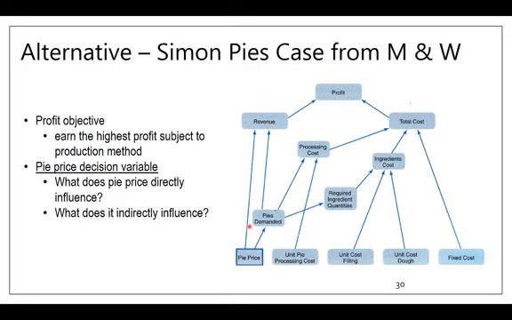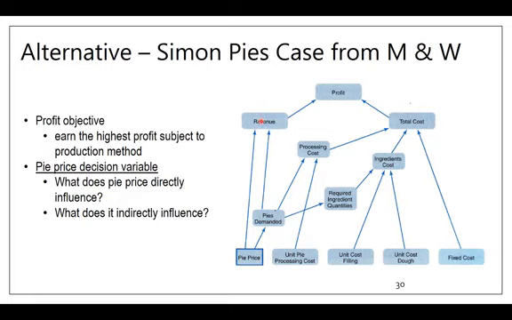So a price increase will cause revenue to go up because we're charging more per pie, but it'll also have a revenue falls component, because the pies demanded will fall when we increase the price. We've already seen that's a downward sloping demand.